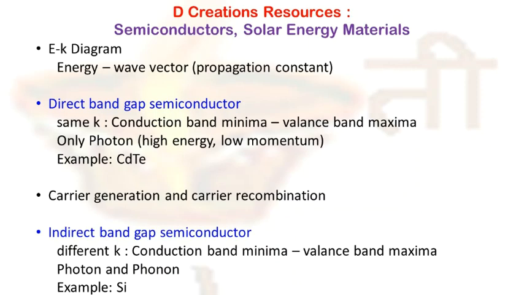In terms of magnitude, the thickness of a silicon solar cell could be 200 micrometers, while that for solar cells made from, say, gallium arsenide or CdTe is around 1 micrometer to 3 micrometers. So you can note that the thickness is much larger in the case of the indirect band gap semiconductor, namely silicon.